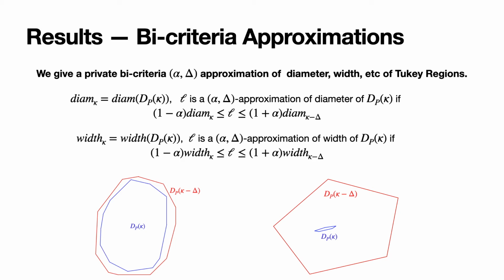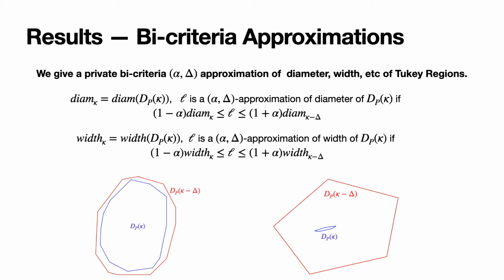For example, on the left figure, the kappa Tukey region and the kappa minus delta Tukey region are similar. So from the notion, if L is an alpha-delta approximation of the diameter of the kappa Tukey region, then L is quite close to the true diameter of the kappa Tukey region.